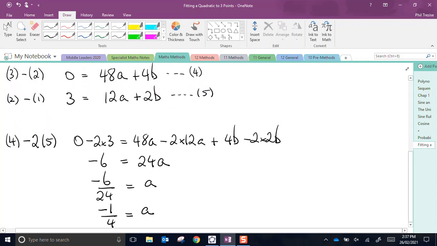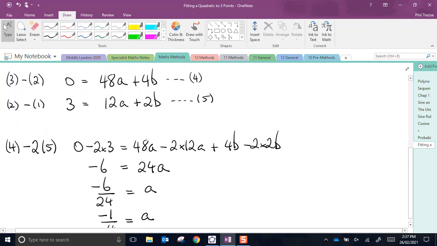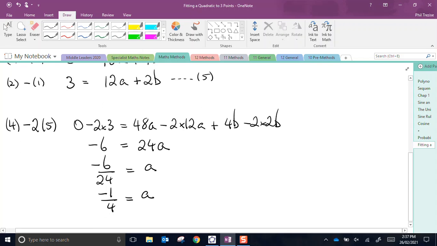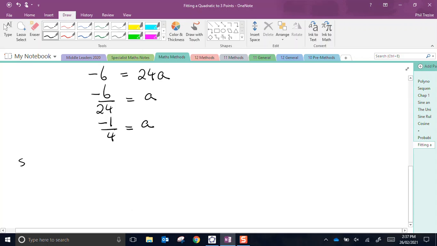Now let's substitute back. Would I rather use equation 4 or equation 5? I think I'd rather use equation 5 because things are a bit smaller. So I will substitute a into equation 5.